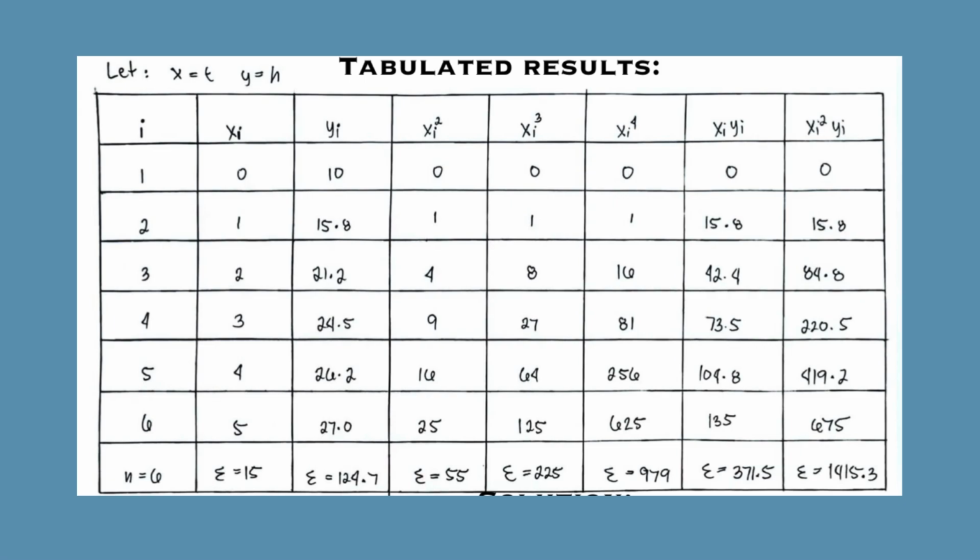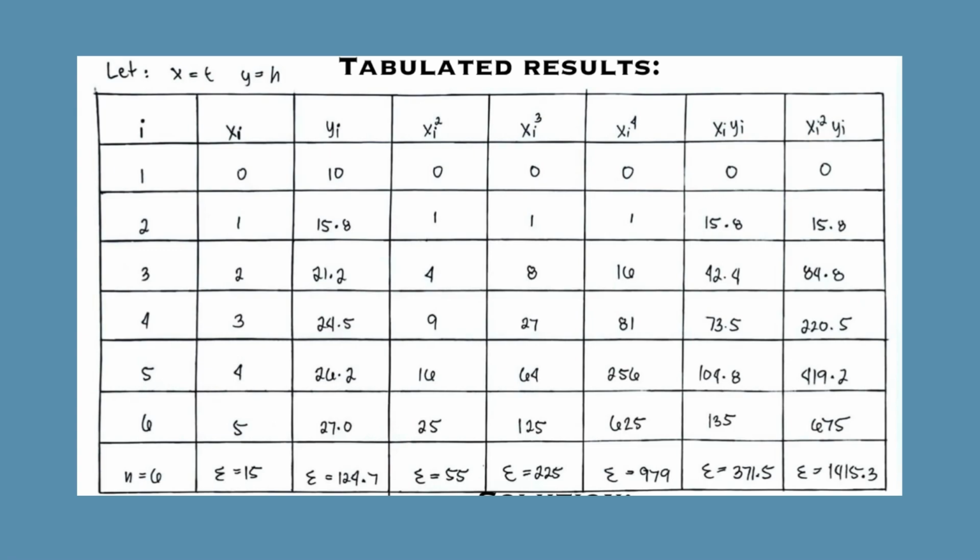The heat transfer coefficient is y sub i, our h: 10, 15.8, 21.2, 24.5, 26.2, and 27.0. The summation of y sub i is equal to 124.7.